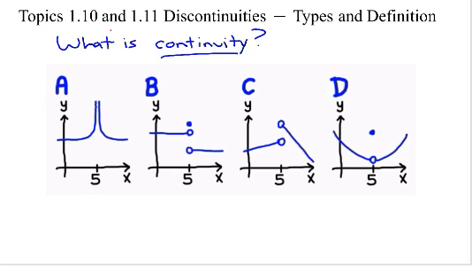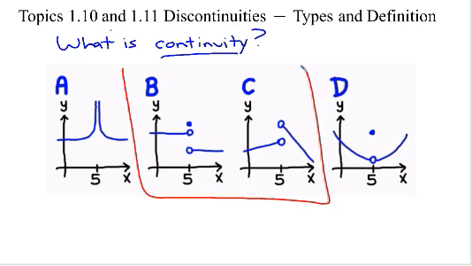We've already seen some of these, B and C. We have said in those two situations that the limit on both B and C would not exist as we approach 5. But that also means that it's not continuous. These are called a jump discontinuity.